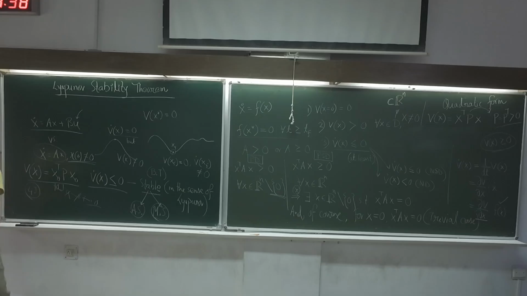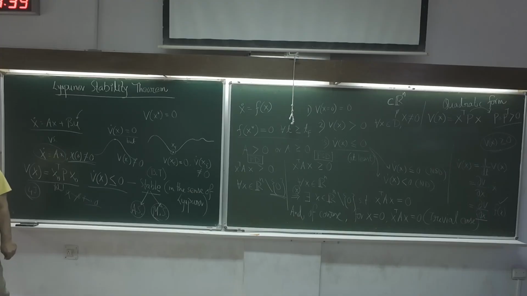It depends upon experience, how good a V function we can find. So for a system, if you are unable to find a V function whose derivative is negative definite, that doesn't mean the system cannot be asymptotically stable. Please be confident about that.